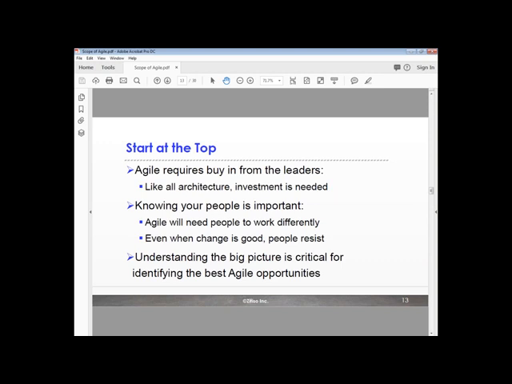For all of that coordination to happen, we need the leaders to buy into this and support that direction, because there's going to be work that's not software development that has to happen in order to support those software development projects.